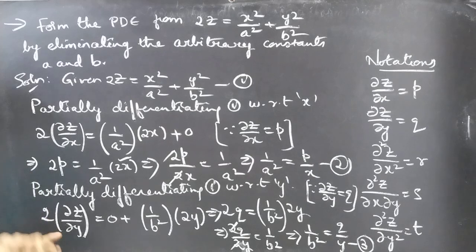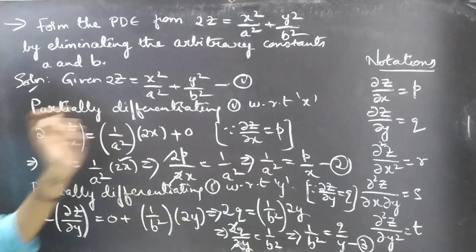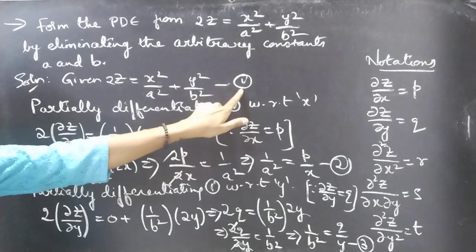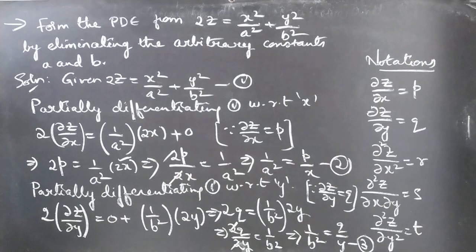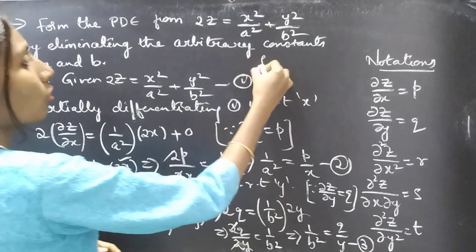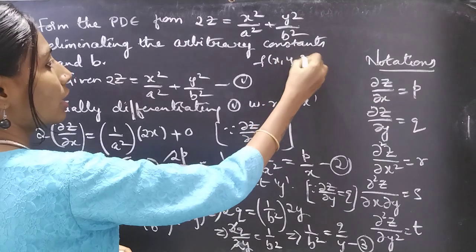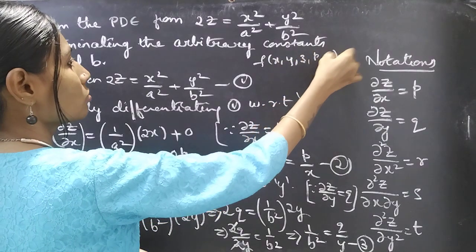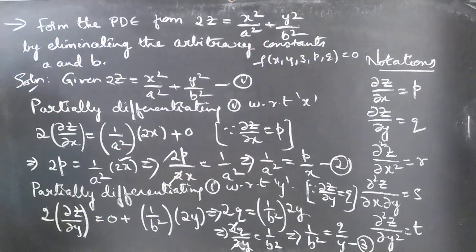That is, by replacing 1 by a square and 1 by b square, we can eliminate a square and b square from the given equation, and this results in some equation, say f of x, y, z, p, q equal to 0. It does not involve any arbitrary constants a and b, and that will be the required partial differential equation. So let's see that now.